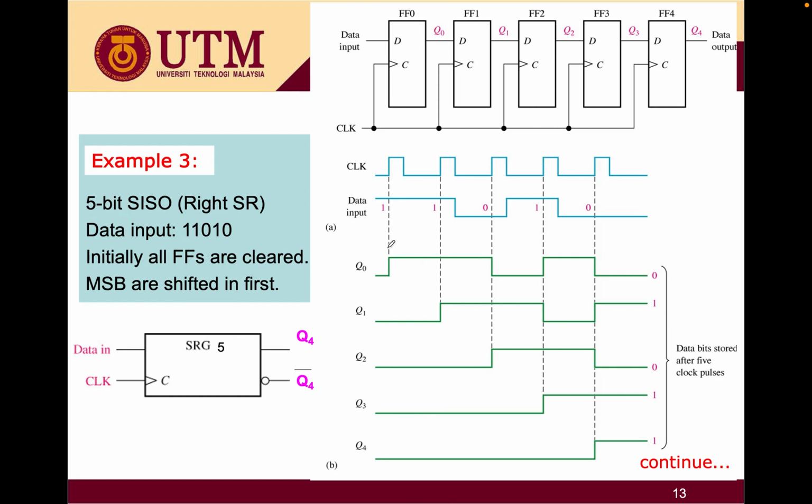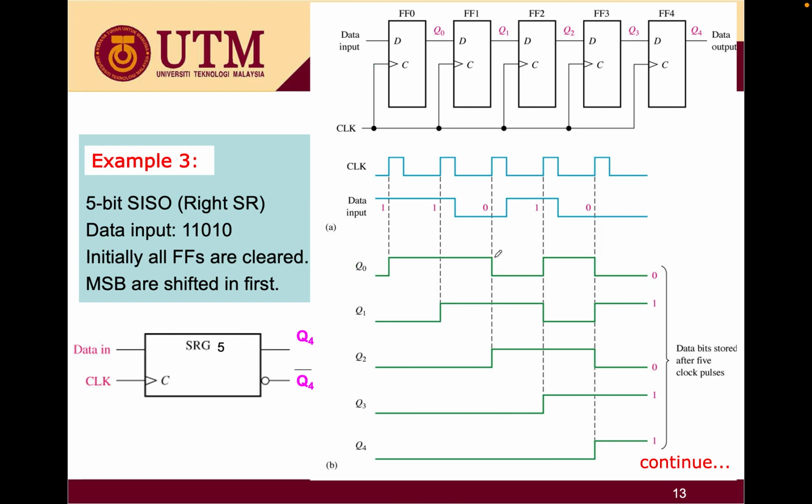You have a first 1 there, and then for clock 2, what is your output? So here is 1, and then it's going to move to here. The 1 will be moved to Q1, so that's why your Q1 is 1. But now you have 1 also for your Q0 here, that's why you have 1 also.